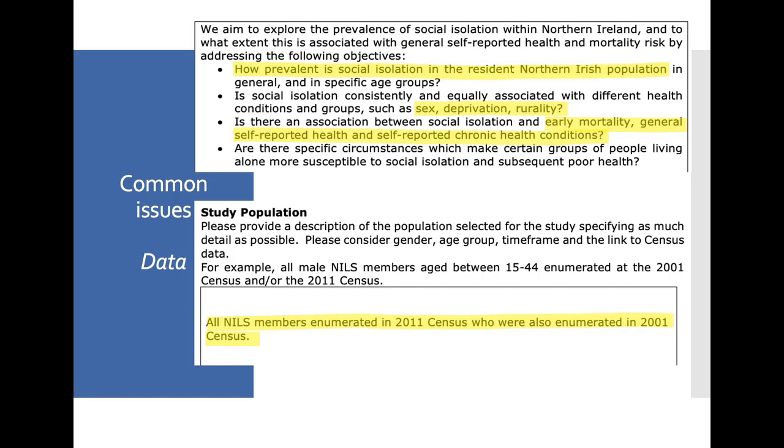So the first thing the form will ask to specify is what sample population is needed. In this instance, it is all NILS members in both 2001 and 2011 census, and that is my core sample that I will work with.